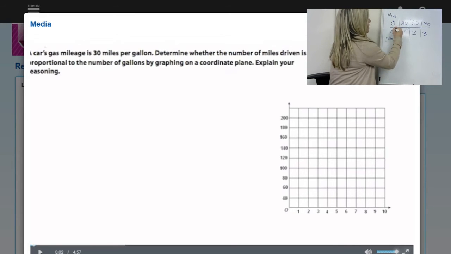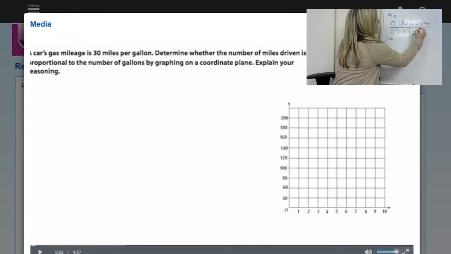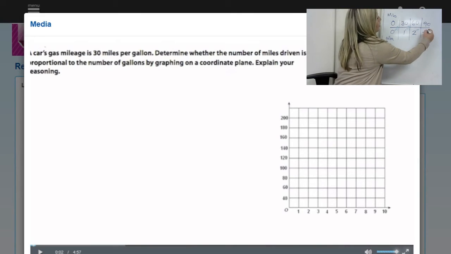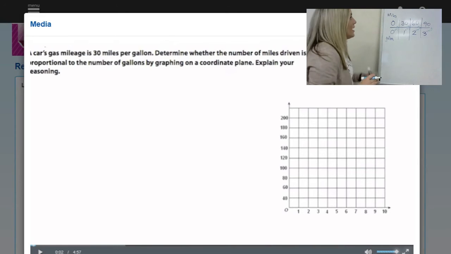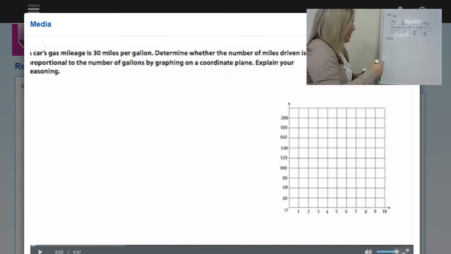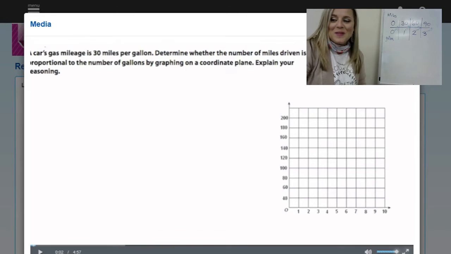So 0 times 30 is 0, 1 times 30 is 30, 2 times 30 is 60, and then 3 times 30 is 90, all right? So it is a constant, it's going up by the same amount every time, so this would be proportional, okay? I hope you guys don't have any questions on that.